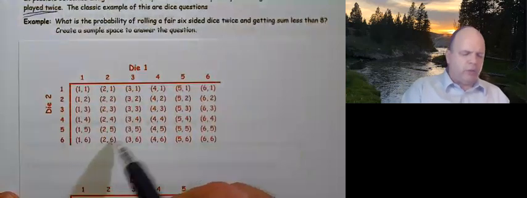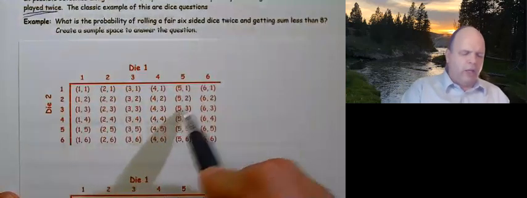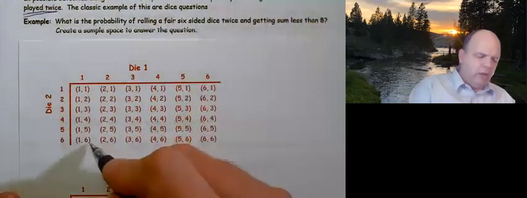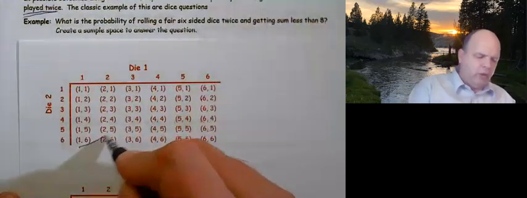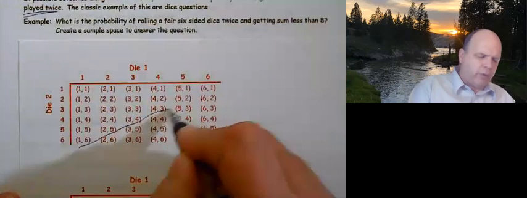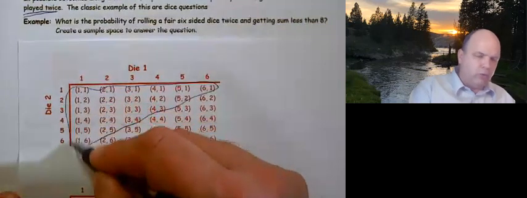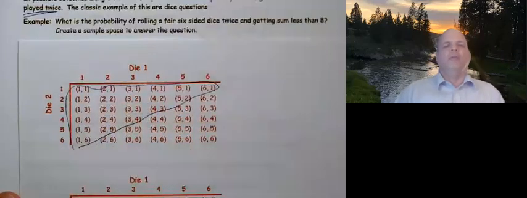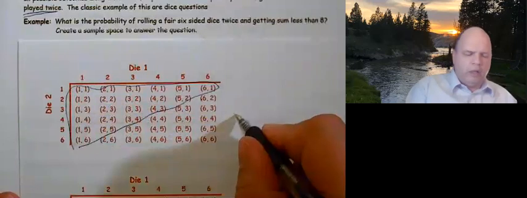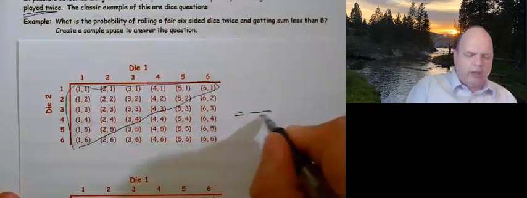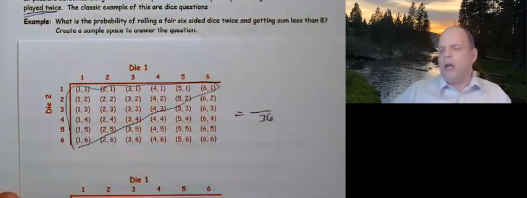Well, 2 and 6, 3 and 5, all of these are 8, so I need to be less than 8. So how about 1, 6, 2, 5, 3, 4, 4, 3, 5, 2, 6, 1. All of those are less than 8. Well, when I look at this, I know I have 36 outcomes.